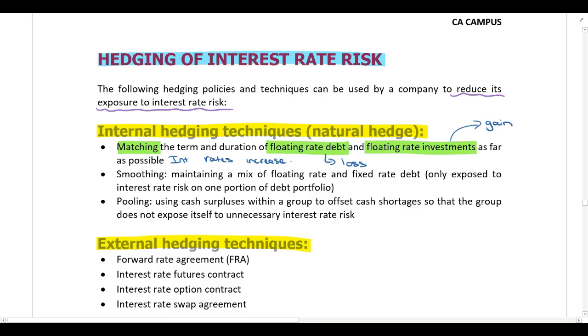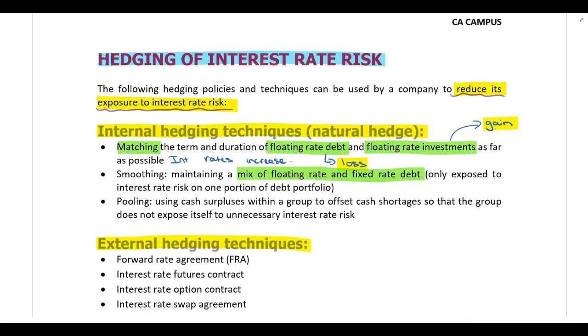So if companies have both floating rate debt and floating rate investments, they can offset this loss against that gain and reduce their exposure to interest rate risk. Another way they can reduce their exposure is by mixing floating rate debt with fixed rate debt, or floating rate investments with fixed rate investments.